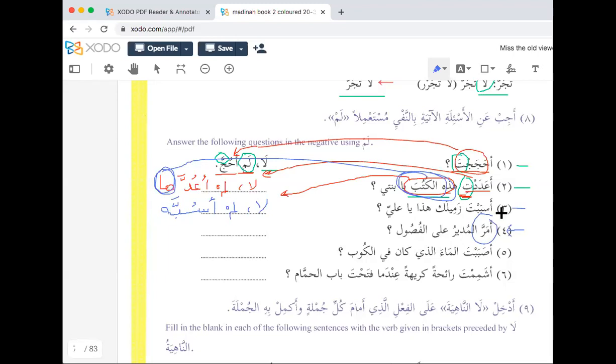Fi'l mudha'af is mim ra, ra. And the two ra's are together, which means to pass by. Amarra is the question. Marra means to pass by. Al-mudiru, that's the fa'il, the person who passed by. Al-fusuli, did he pass by the classrooms?